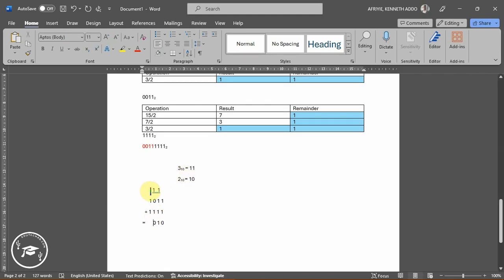Then we put the 1 over here. Great. So now we have 1 plus 1, which is 2, plus another 1, which is 3. So this 3 here is represented in binary with 1, 1. So we write the first 1 and we carry the other one into another column.